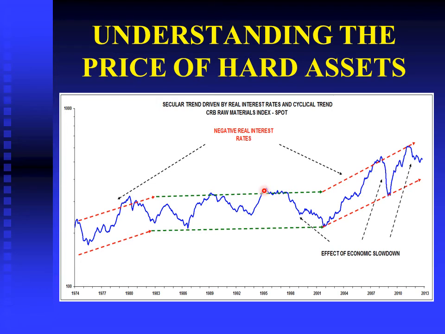The economy strengthens, commodities rise, and so on. So for instance, in 2012, commodities were weak, gold was weak, everything was weak, because we had a serious recession and then a slowdown.